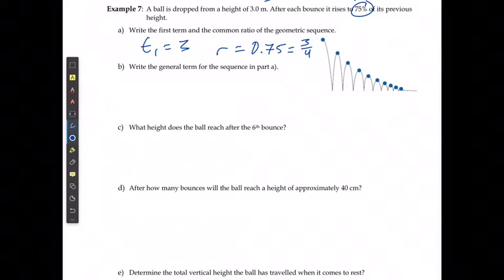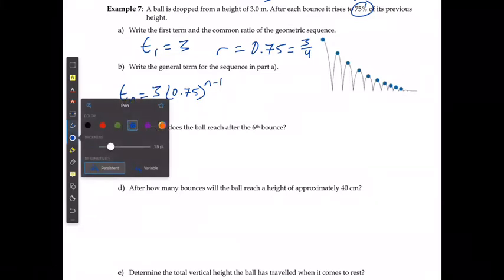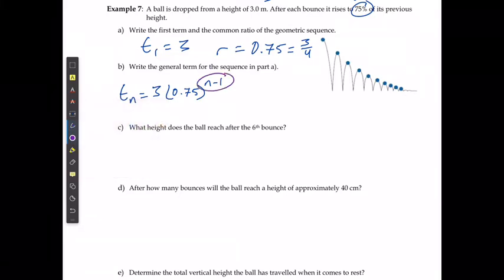What is the general term? Well, the general term is going to equal 3 times 0.75 to the power of n minus 1, noting that the n minus 1 is the number of bounces.